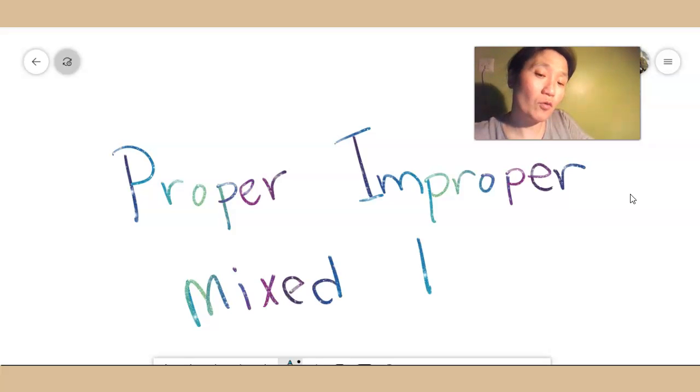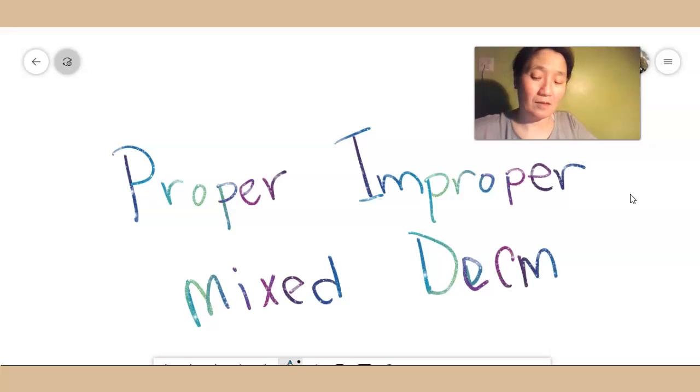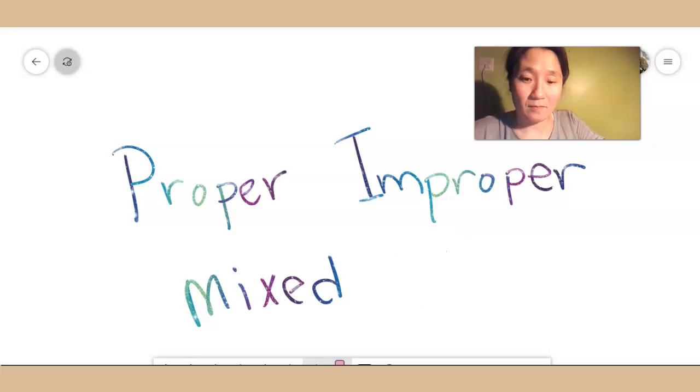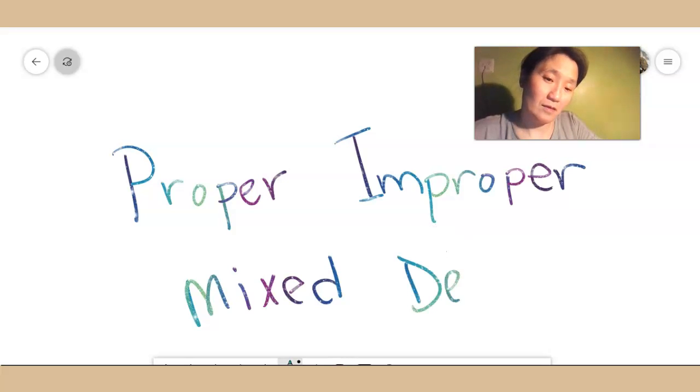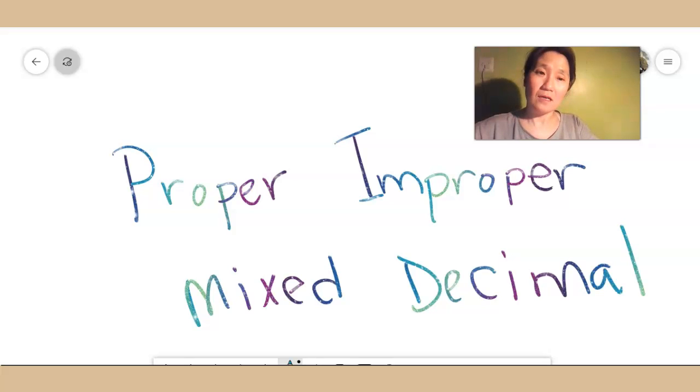And we're also going to quickly look at identifying a decimal. I can't spell that correctly. Okay, and we'll talk a little more about decimals, but I do want you to be able to identify them.